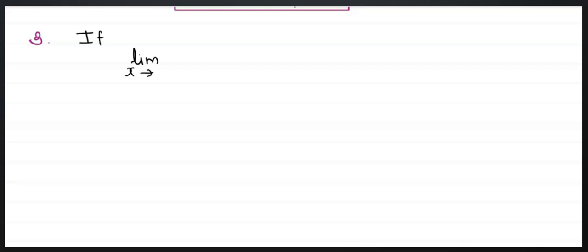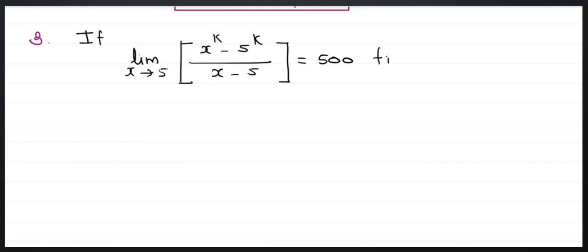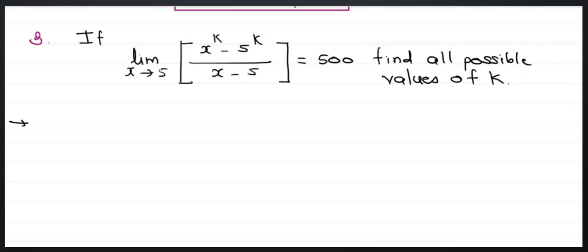Example number 3. If limit x tends to 5, x raised to k minus 5 raised to k upon x minus 5 is equal to 500. Find all possible values of k.